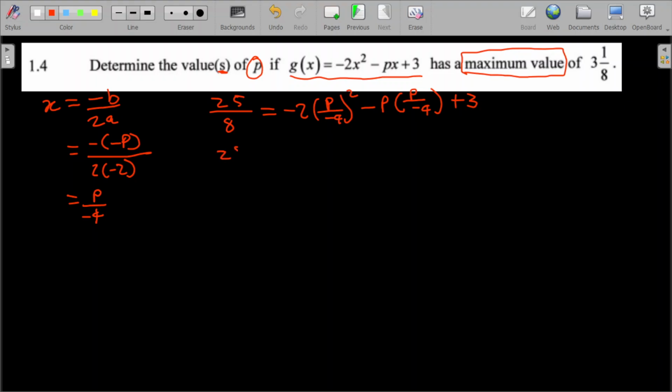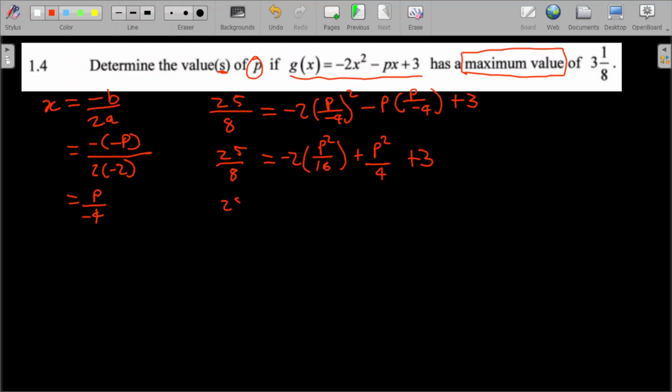Then keeping this, 25 over 8 is equal to negative 2 times p squared all over 16, in brackets, and then this one is going to be positive p squared, because negative and negative is positive, and p and p is p squared, all over 4, and then plus 3.